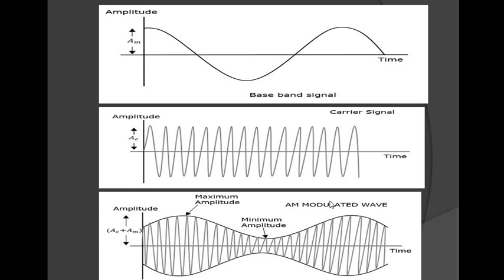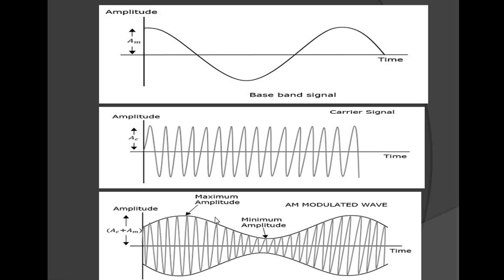This is your amplitude modulated wave. Here is the frequency of your carrier, which is unchanged, and this is the amplitude. The amplitude of your carrier signal is varied in accordance with your message signal. I hope you are clear with this figure. You are varying only the amplitude of the carrier.